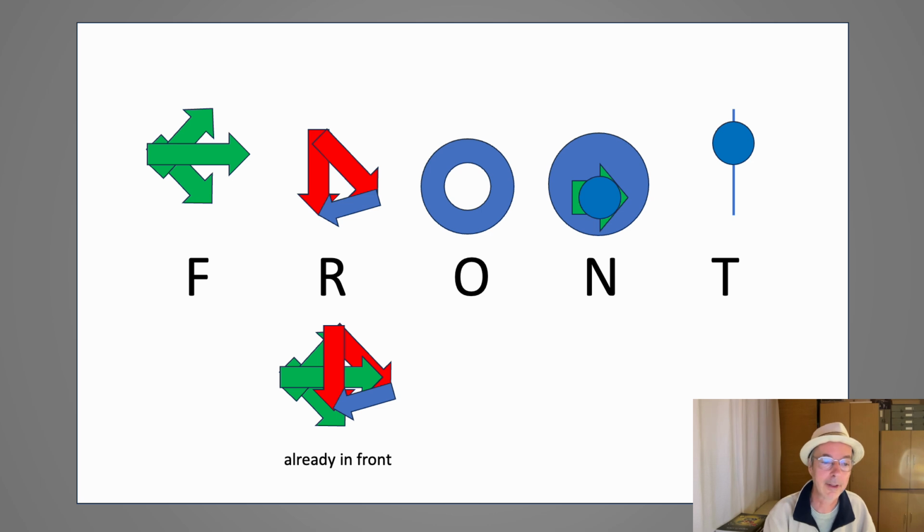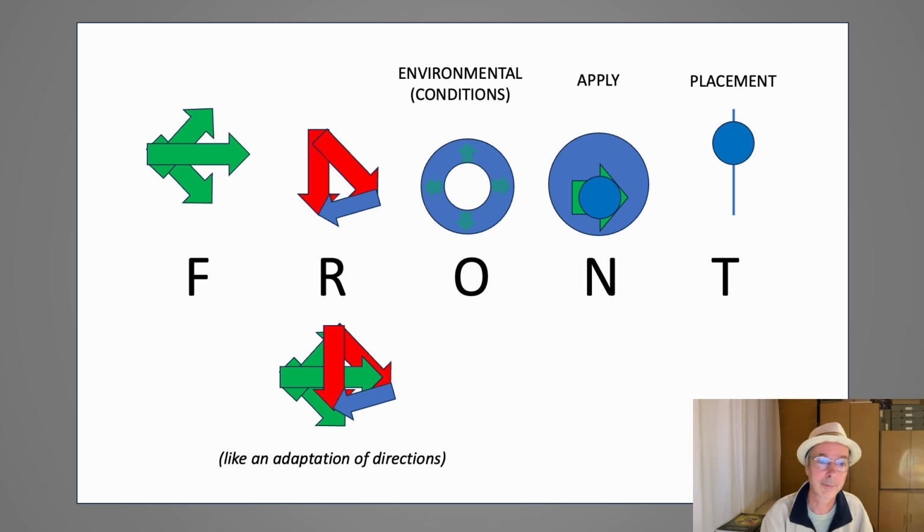it's a bit complex, but I already see that it's very easily that I have already something that comes forward, something that comes to the front, but it's not so clear yet. So if it really is going towards that position in front, the AND will make that even more clear. The O are the environmental conditions, the N is the application, and the T is the placement.